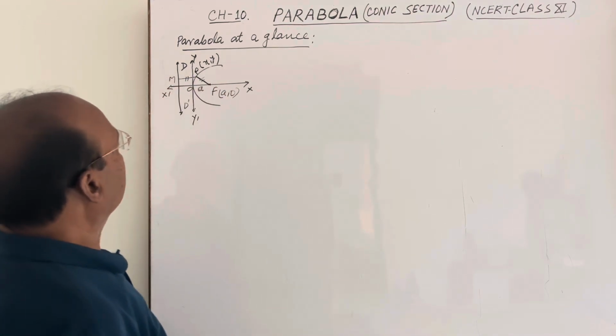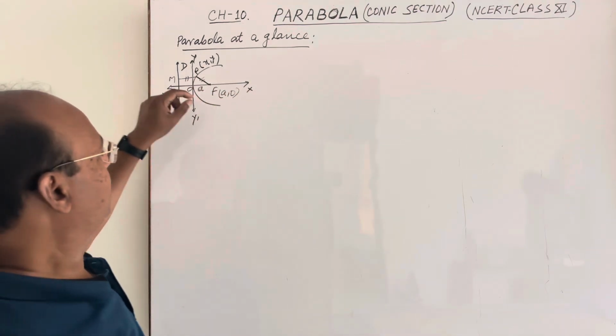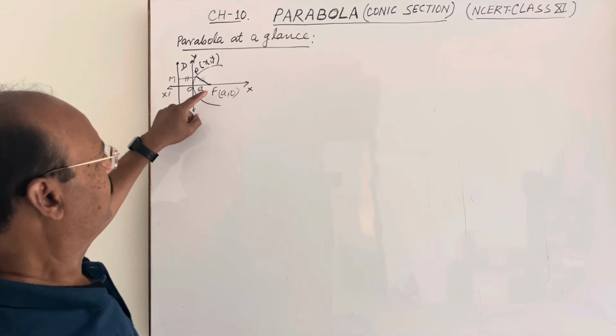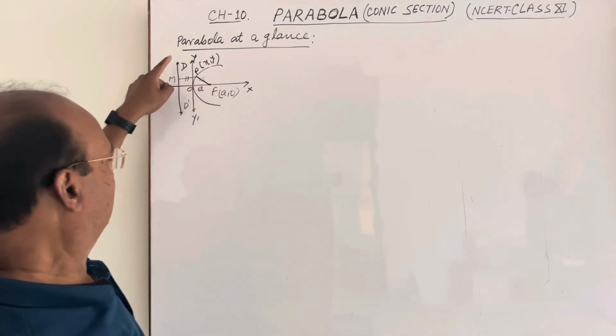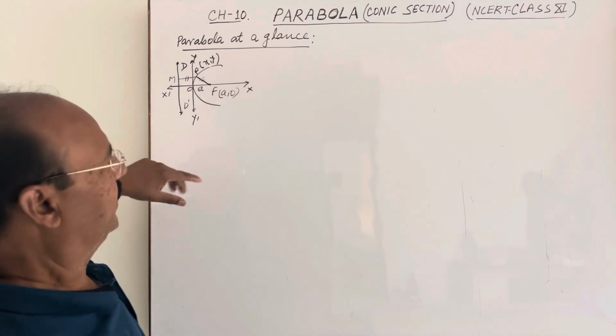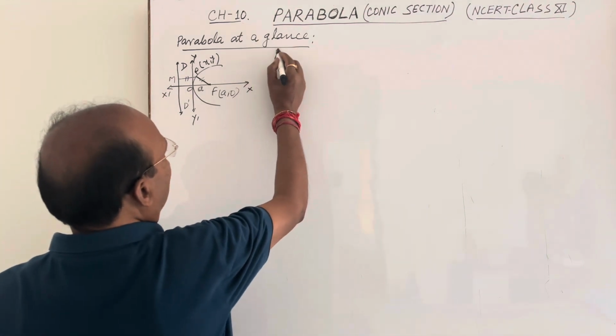So a parabola is the locus of a point which moves such that it is equidistant from a given point, the focus, and a given line, the directrix.